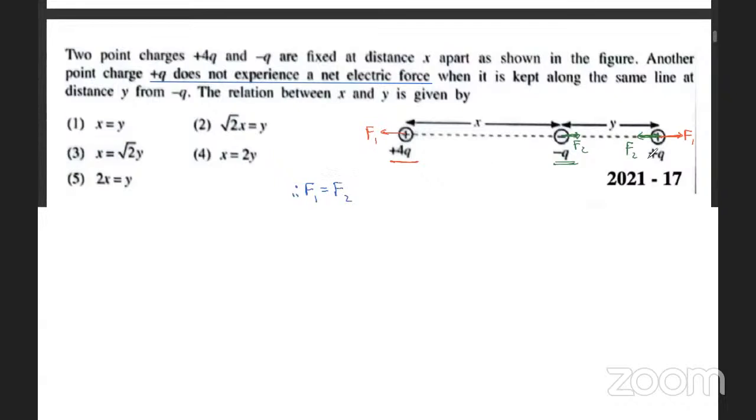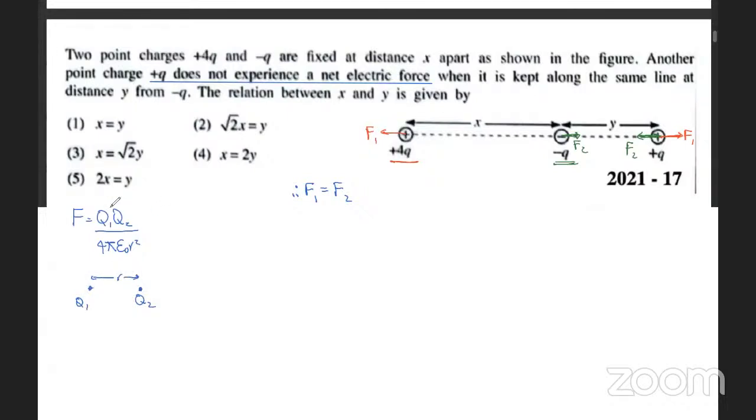F1 is the force between plus q and plus 4q. F2 is the force between minus q and plus q. Now for force, what is the equation? Electrostatic force according to Coulomb's law is equal to Q1 Q2 over 4 pi epsilon naught r squared. That is when there are two charges, Q1 Q2, regardless of their sign.